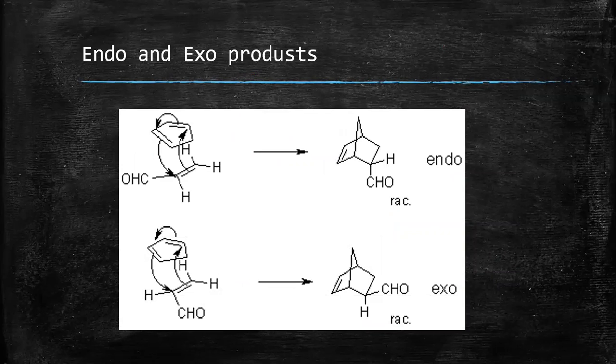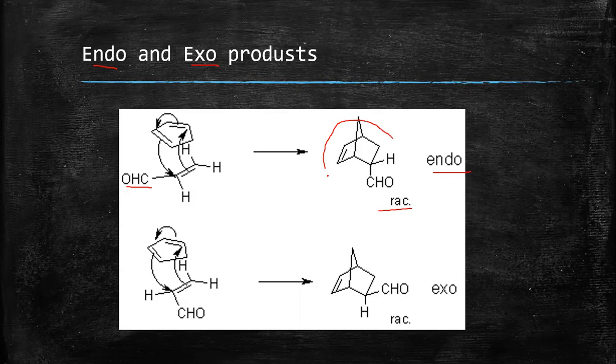Endo and exo products. This is not meant as endothermic or exothermic. It's only a description of inside or outside. If we have a diene and a dienophile having a substituent towards the diene, it would give endo product.